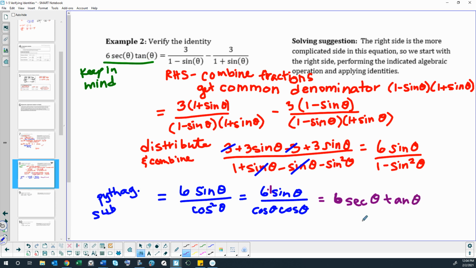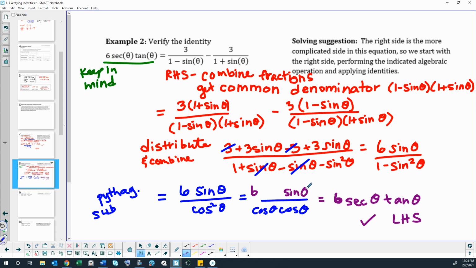You see what just happened? That is our left-hand side. If you need me to, I can write this out a little better so you can see what just happened. So we've got a 6, and we've got a sine.